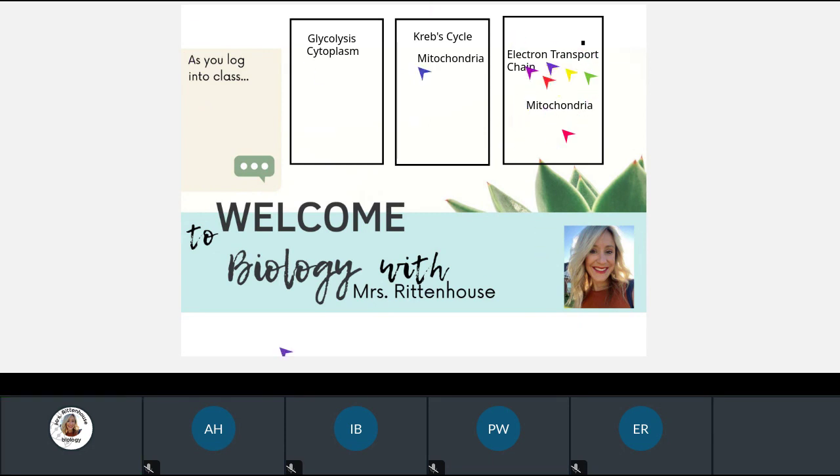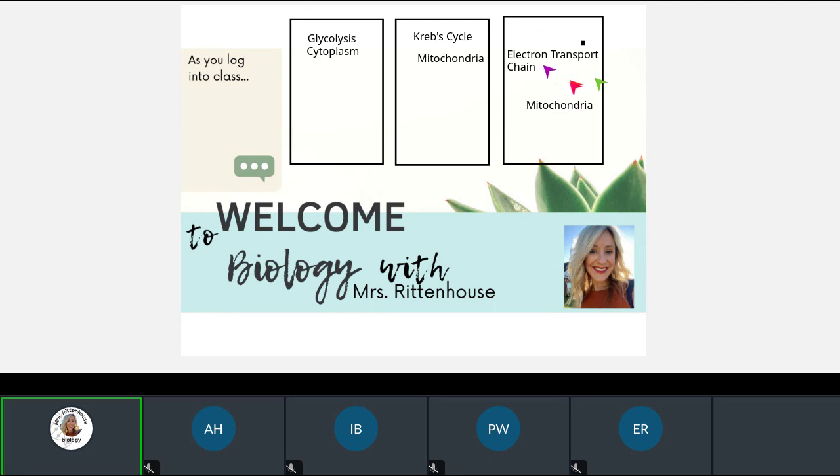Yep. We have a little bit of ATP made during glycolysis. A little bit of energy made during Krebs cycle, but mostly FADH and NADH. And then we bulk make our ATP during the electron transport chain.